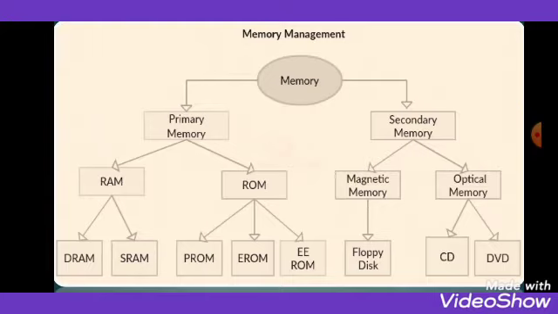And in ROM there is programmable read only memory, EROM, erasable read only memory, and EEROM, electrically erasable ROM. So these are the parts of RAM and ROM. Another thing, on the right side, secondary memory: you see here magnetic memory and optical memory. In magnetic memory there is floppy disk and in optical memory there is CD and DVD.